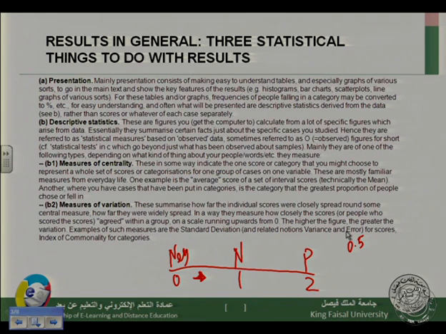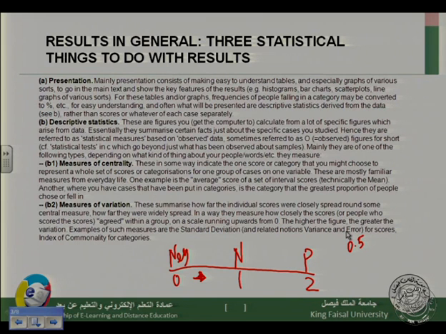Sometimes referred to as observed figures for short, as opposed to statistical tests, which go beyond just what has been observed about samples. Mainly they are of one of the following types, depending on what kind of thing about your people, words, etc. they measure.